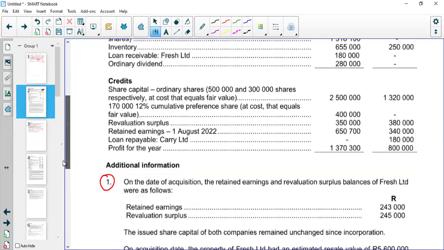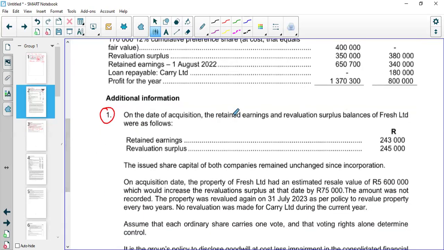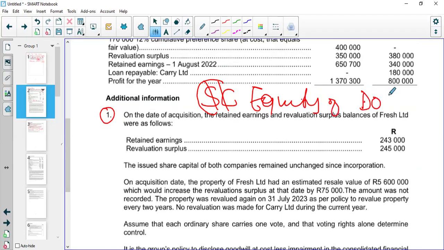Right. So at acquisition, we are basically interested in eliminating the share capital. This is what we do. We eliminate the share, no, not the share capital, my apologies, the equity, rather, of the subsidiary on the date of acquisition. Two, we want to eliminate the investment of the parent.